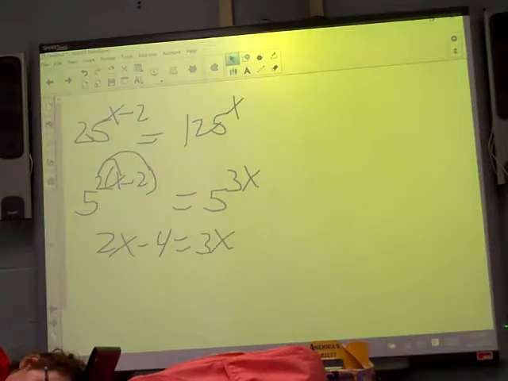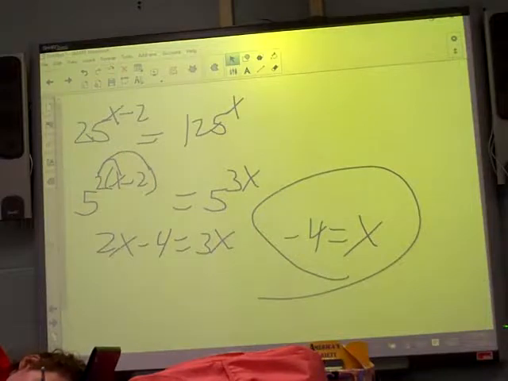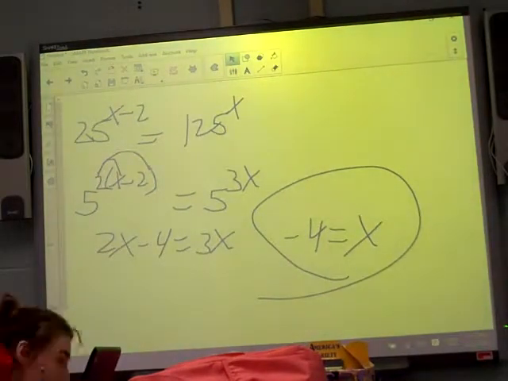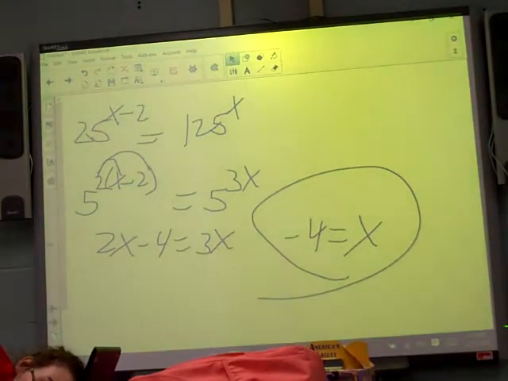Okay, what do we got there? That's a one step to solve that. What we got there? Subtract. Good. Subtract 2x, and what you got? Negative 4 equals... Yep, it's 3 minus 2. 1x is the same as x. Good job. That's it.